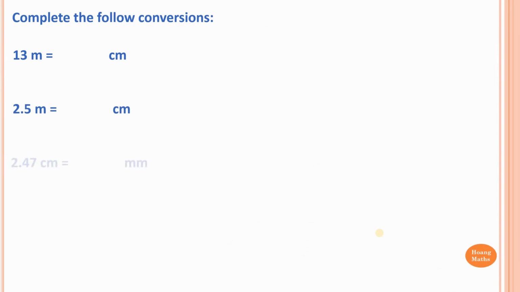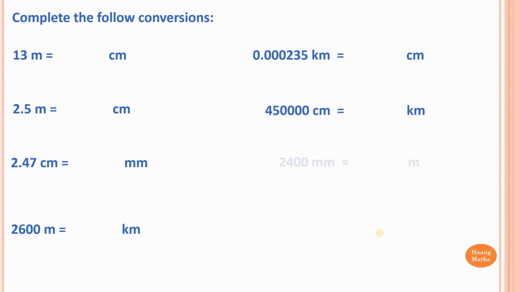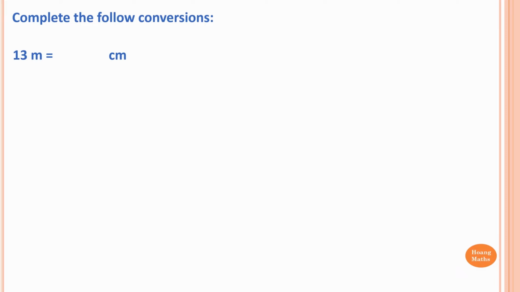Please stop the video and try this one yourself. First one, 13 meters to centimeters. If you know 1 meter is 100 centimeters, it will be easier, of course. Otherwise, not to worry.